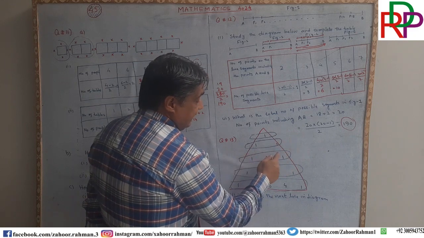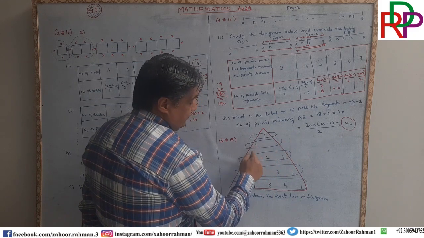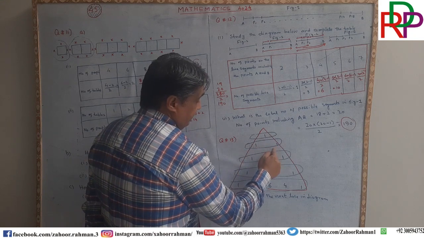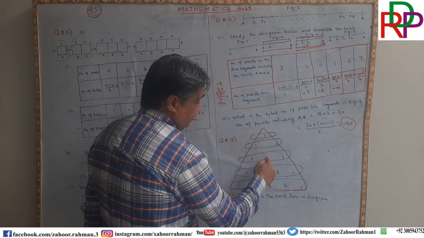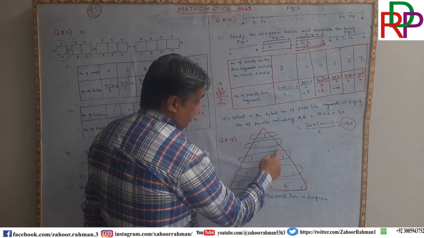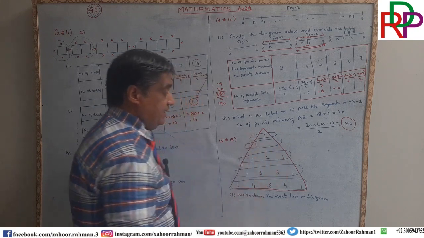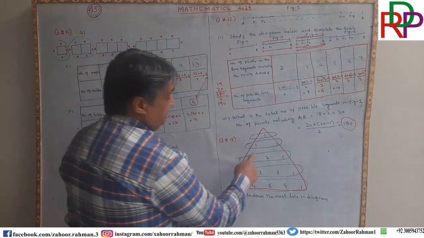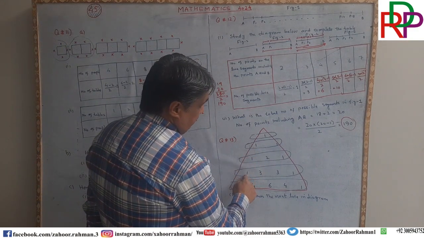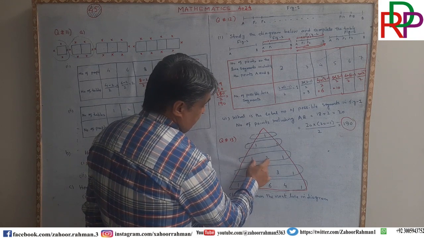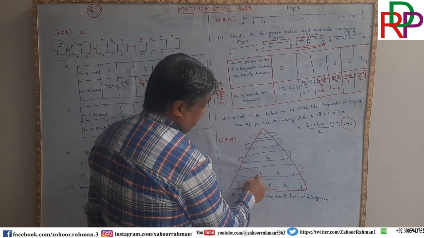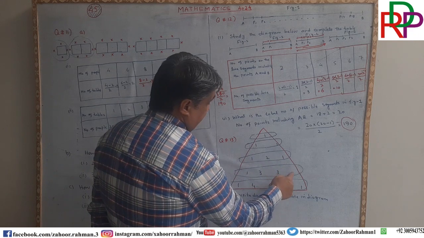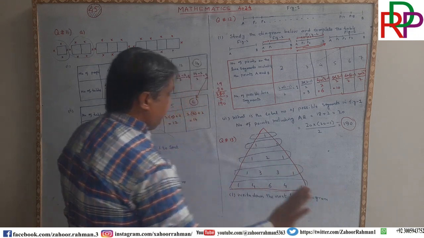But in the third line, 1 will be written, and when 1 and 1 are added in the middle, you have to write 2. And then you have to write that 1. That is the third line. In the fourth line, you have to write 1, and when these two are added, it will give you 3. When these two are added, it will give you 3. And this 1 at the end will be written.